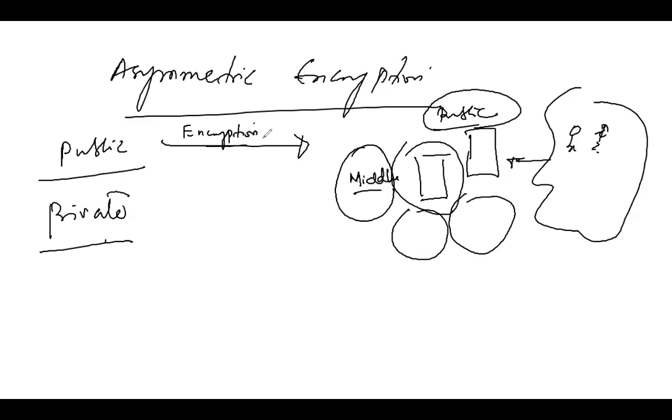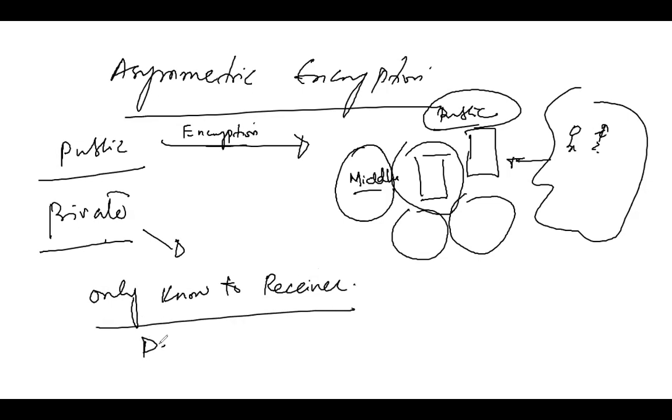Remember, the public key is used for encryption of data, while the private key, which is only known to the receiver, is used for decryption of data.